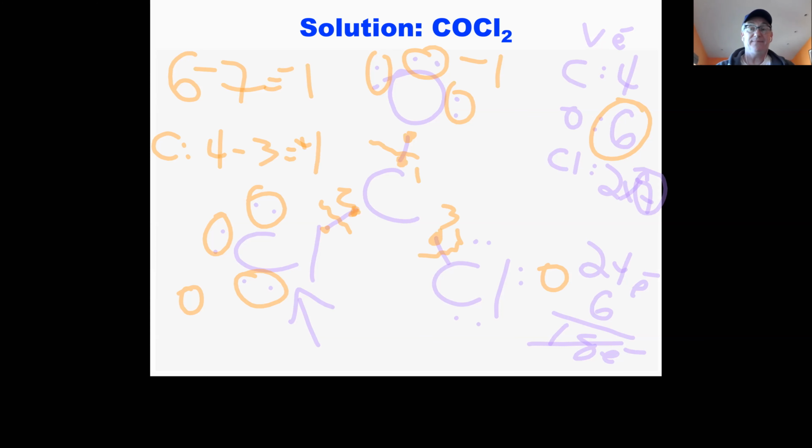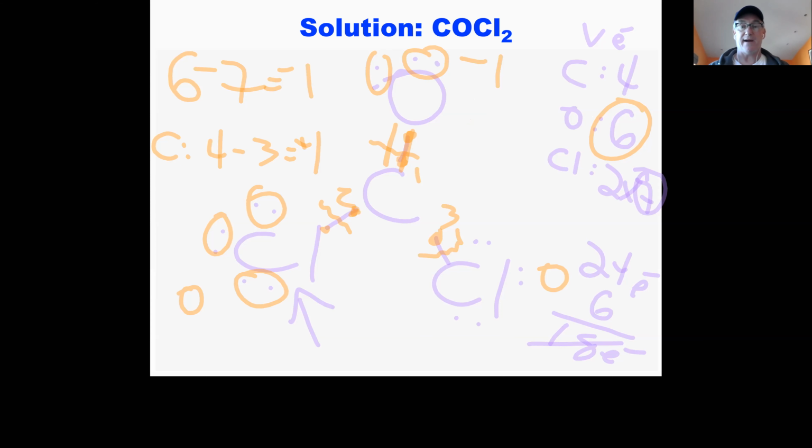So what's going to happen when there are electrons around a negative charge and a positive charge next to it? Negative things like to go towards positive. One of these lone pairs is going to move to the middle and be shared with the carbon, forming another bond. So this lone pair goes away.